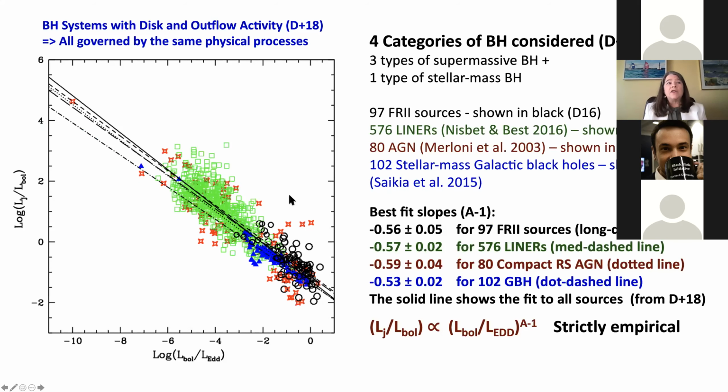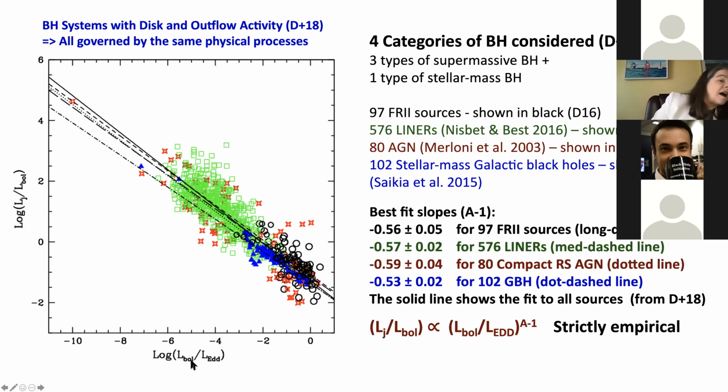All right, so as I mentioned, the key parameters are going to be the beam power of the outflow, which I denote L sub J, a standard way to represent the beam power, the energy per unit time dumped into the radio emitting region, and the bolometric luminosity of the accretion disk. So this is the ratio of the beam power to the bolometric luminosity of the disk.